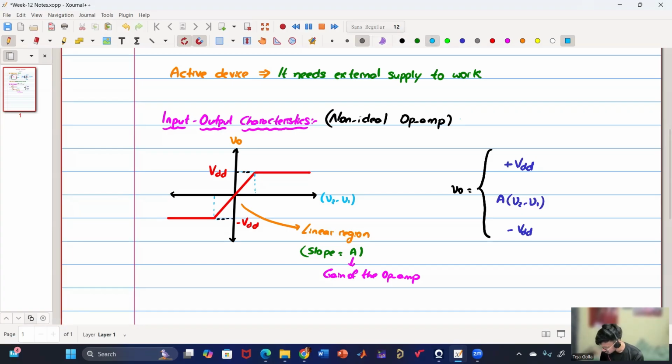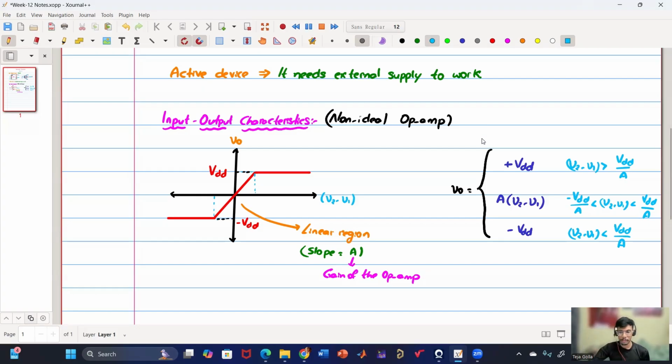When is this going to happen? When V2 minus V1 is greater than VDD by A. And the middle case is when minus VDD by A is less than V2 minus V1, less than VDD by A. And the last happens when V2 minus V1 is less than minus VDD by A.